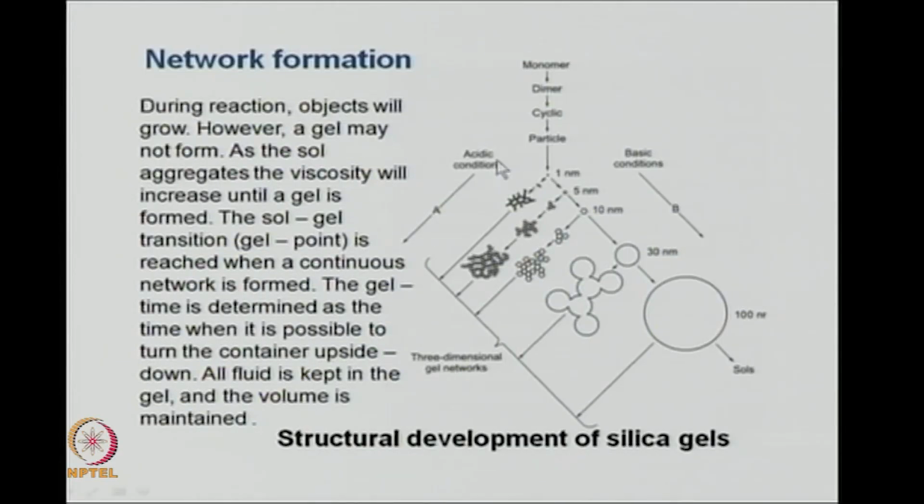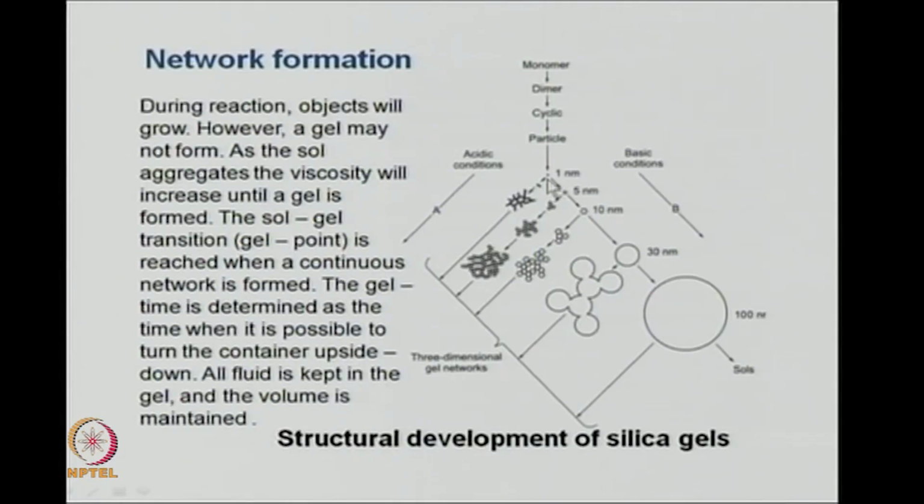If you look at this diagram, on one axis you have the increase in acidic conditions, on another axis you have an increase in basic conditions, and what you start with is a monomer, that means one simple molecule, and then it forms a dimer. It may form a cyclic polymer, a small particle, say a 1 nanometer or 2 nanometer particle.